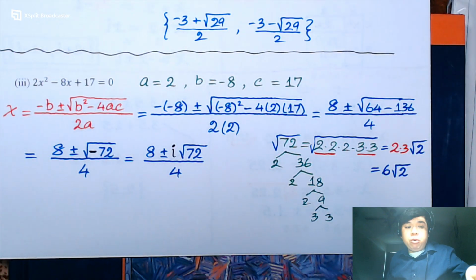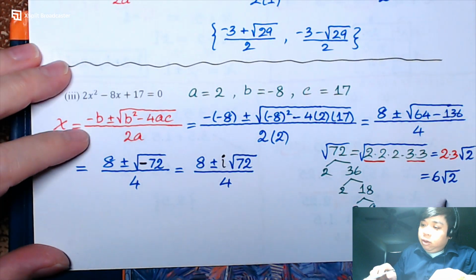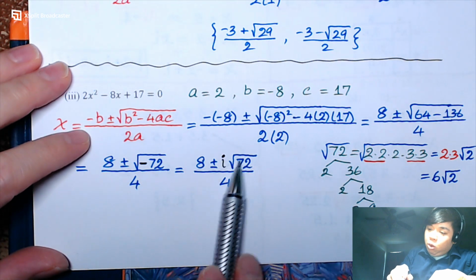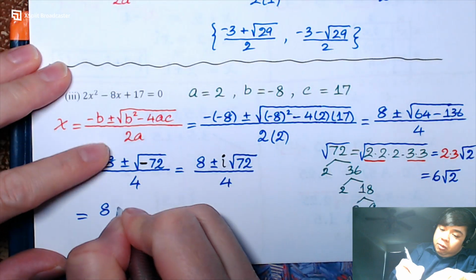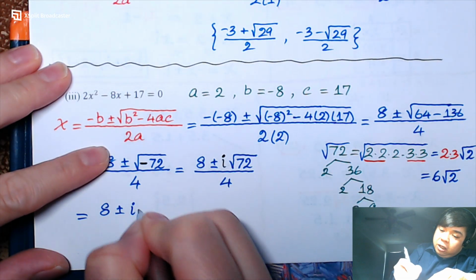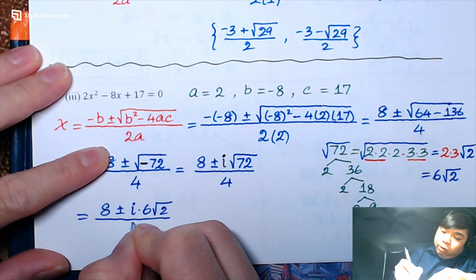And we substitute into the square root of 72. So x equals a plus or minus i 6 square root of 2 over 4.